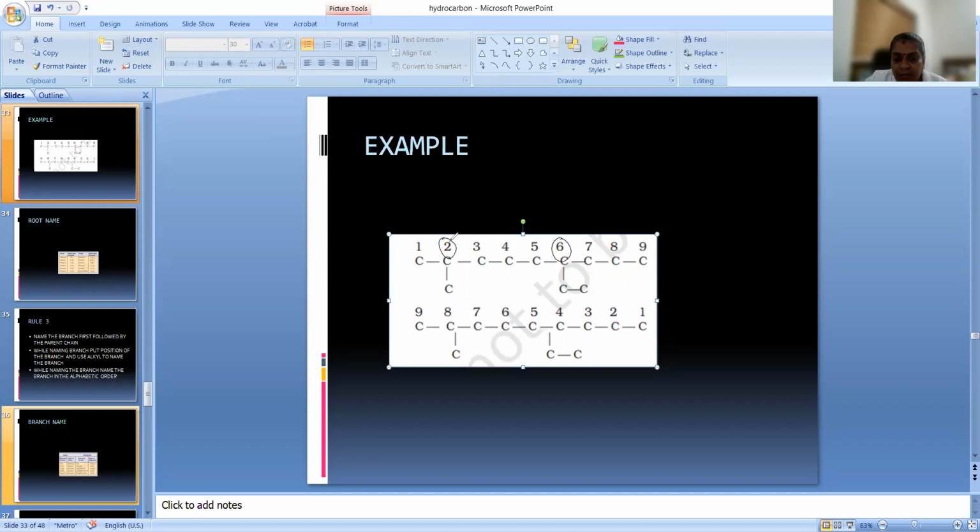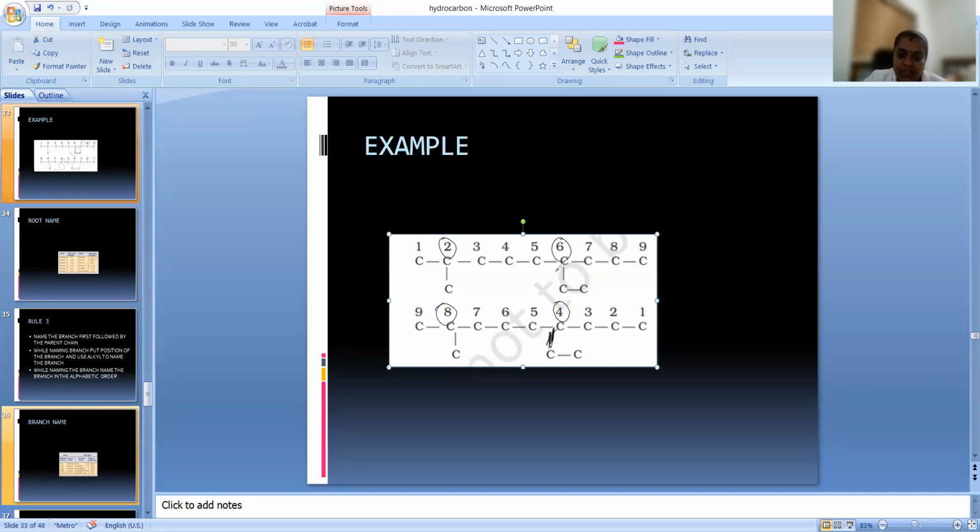The numbers for the branches are 2 and 6. But if you number in the opposite way, 1, 2, 3, fourth position is where the branch is. So fourth position, one branch, and then 8th position, another branch.